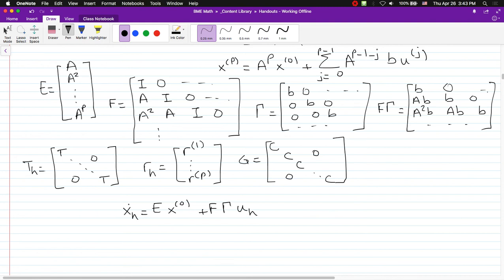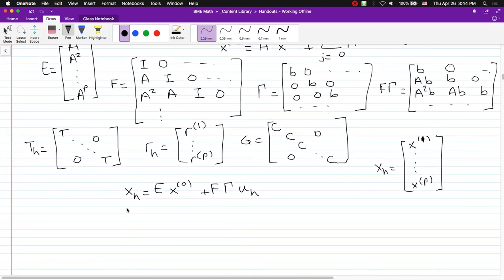And so basically XH is going to be x1 to x of P. So I've written the history of x in terms of the initial state x0 plus all of these commands u that you had, this equation here.